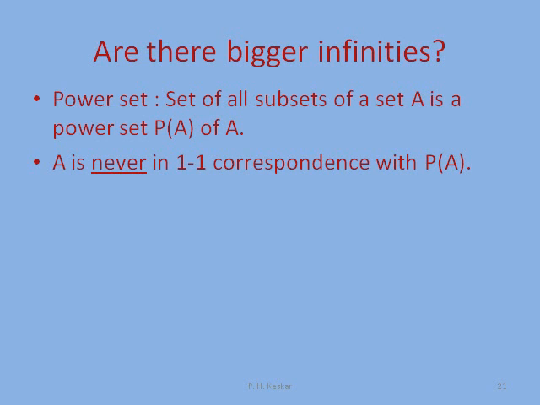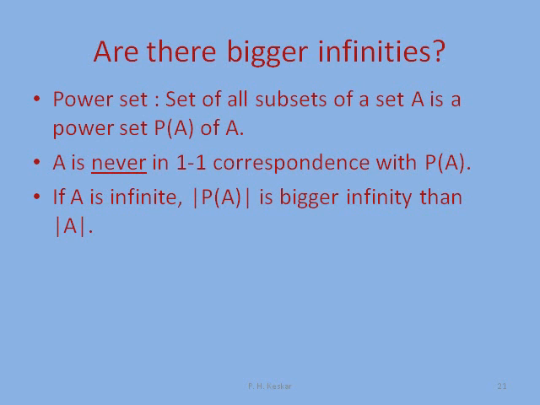The elements are not in one-to-one correspondence with the set of positive integers. So if A is infinite, then the count of the power set of A is strictly bigger than the count of A, because they cannot be the same. There cannot be a one-to-one correspondence between these two sets.